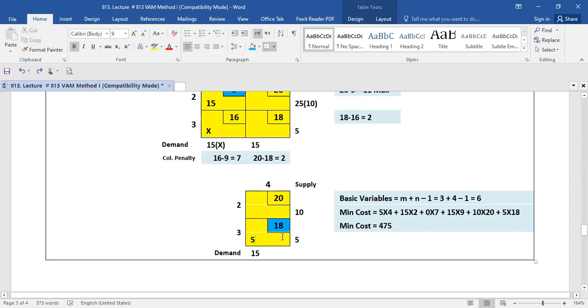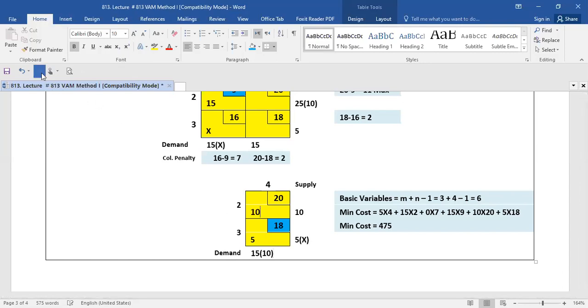In the situation when you are left with a single column or single row, you will make your allocation in this way. When you see which cost is minimum, you will make your allocation in that cell. So you will put 5 here and put a cross in front of 5 as this is completed, and put 10 in front of 15 as 10 demand is remaining.